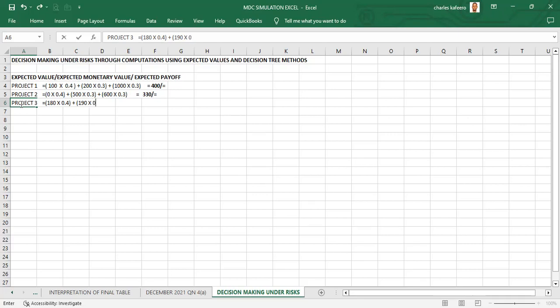We multiply by the probability of 0.3. We also add the last one, which is 200. We multiply this by 0.3. That's the probability. So this will give us the final amount of 189 shillings.